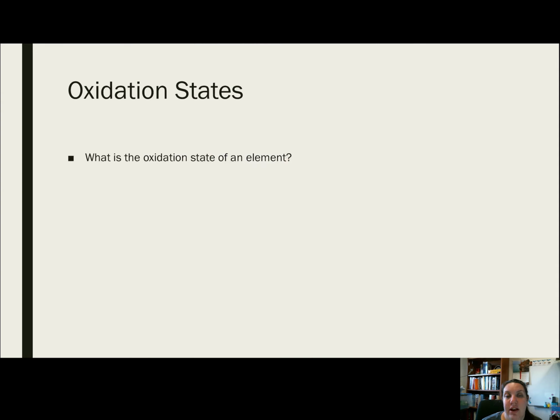A lot of times, to figure out if a species has been oxidized or reduced, we look at what's called the oxidation state. It is the perceived charge of an element in a compound, assuming that the compound is ionic.